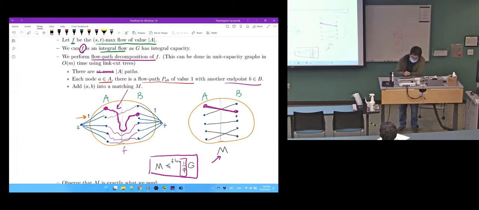By the way, I want to note that this flow path decomposition can actually be found in maybe m log n time. If the graph is unweighted or has unit capacity, you can do some depth-first search trick, but yeah, this can be done fast.